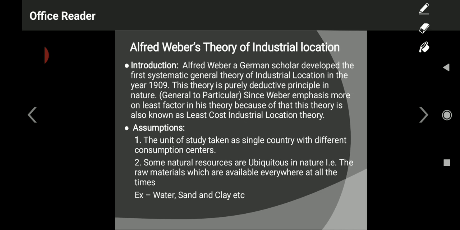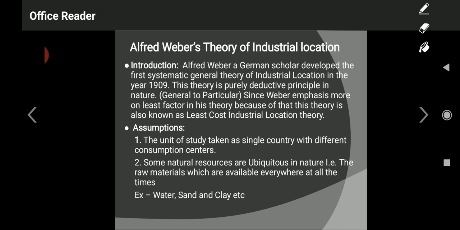General in the sense, in India you can start anywhere: in the northern side, southern side, eastern or western side. It's a general concept when you select India to start an industrial location.